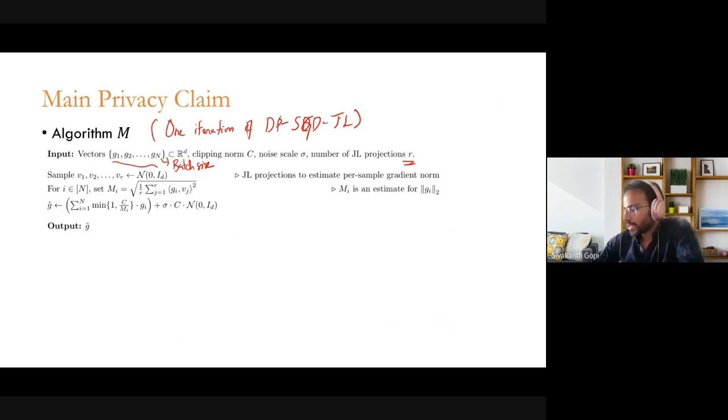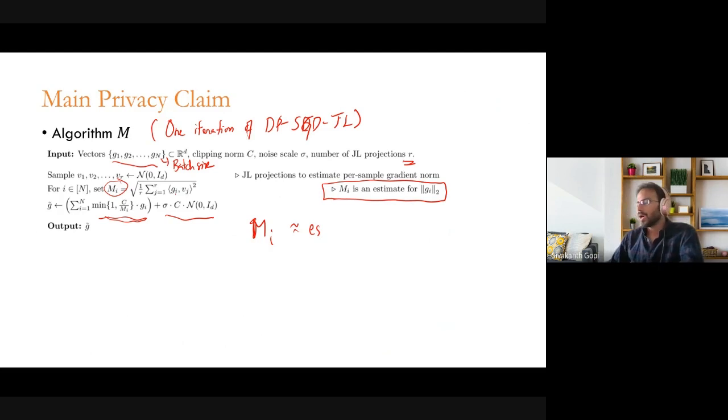So what we do is for each Gi, we estimate its norm Mi. Mi is an estimate for the norm of Gi using these JL projections, where you project Gi onto random vectors, square it, average, and then take the square root. Then we use this estimate to clip Gi. So you're not using the real norm, and then you're adding Gaussian noise.